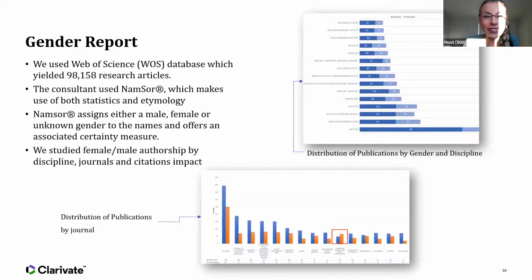Together, we looked at the data, we cleaned the data together, and then we analyzed it together, and the consultant was able to show us really clearly in which disciplines we have a gap, the number of publications, but also the impact of these publications, and really compare output to impact within different departments. This again was quite successful.